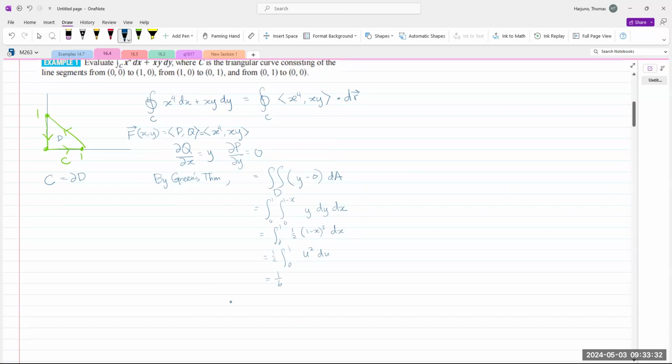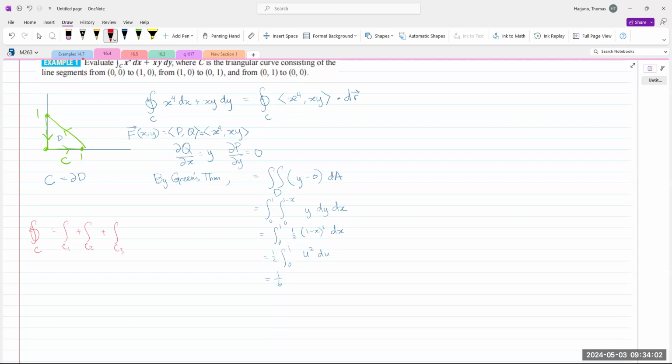Now, this theorem basically says that instead of computing the integral over closed curve C as the integral over C1 plus the integral over C2 plus the integral over C3, if it happens to be a closed curve, then we can just take a look at the double integral over the region it encloses.